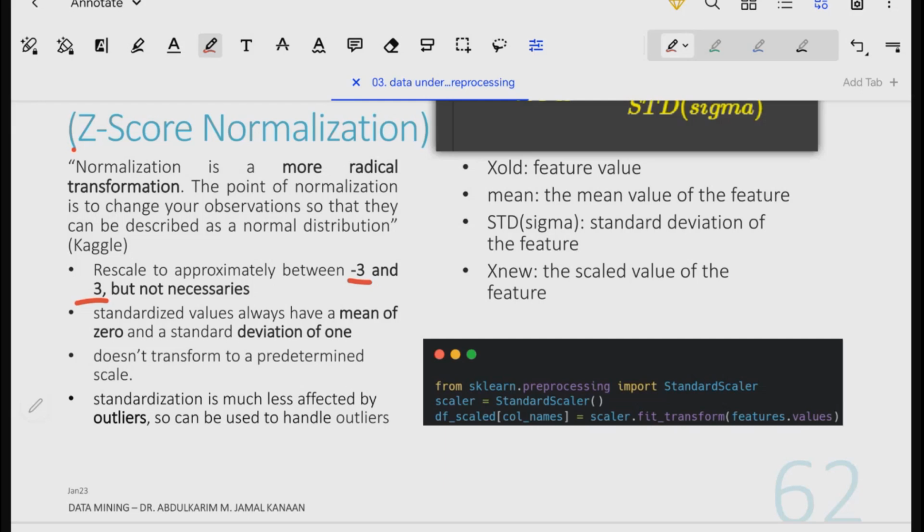But in case you got these values, this is an indication of outliers. So any value of z-score that lies outside the range between -3 and +3 can be considered as outliers. So this transformer is also useful to find outliers.